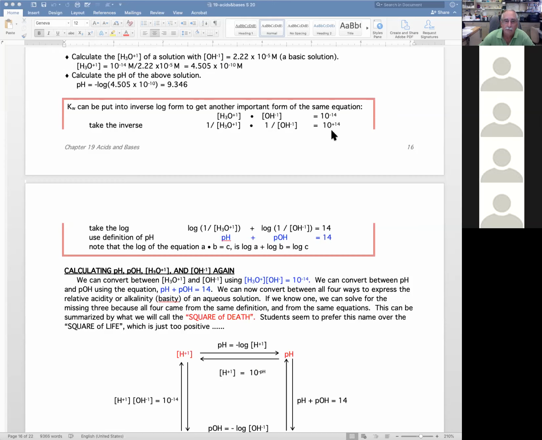So then I'm going to take the logarithm of it. Now it's a property of logarithms. If you take the log of a multiplication formula, multiplication turns into addition. And also division would turn into subtraction. So here's what I get mathematically. And the log of 10 to the 14th would simply be 14.